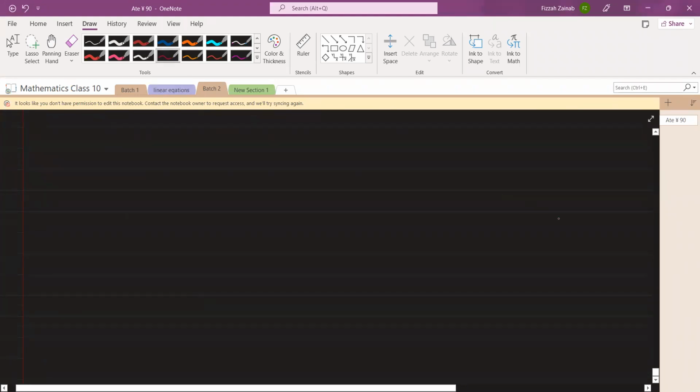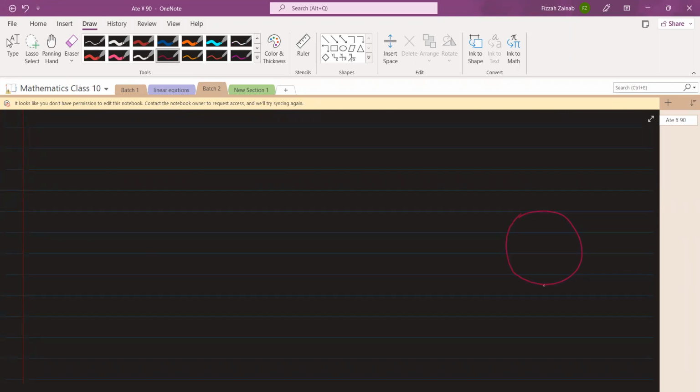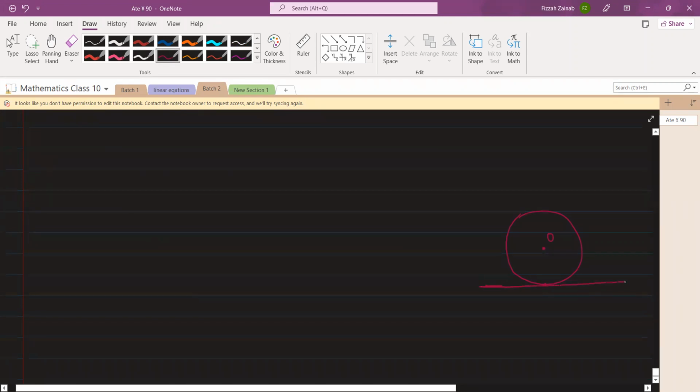So this time, you have a circle and this is the radius OP. And there's a line here. I'm not calling it a tangent, I'm calling it a line.